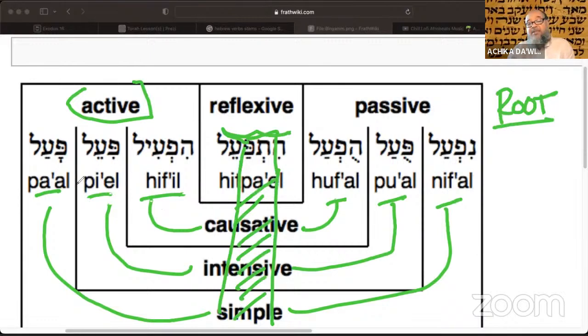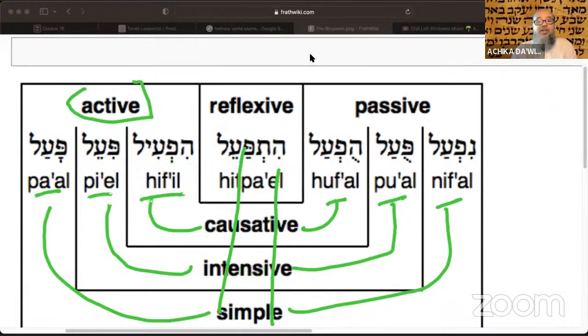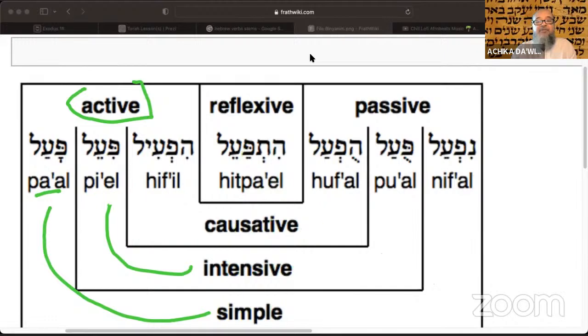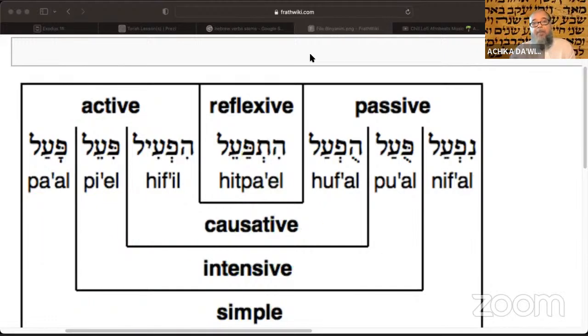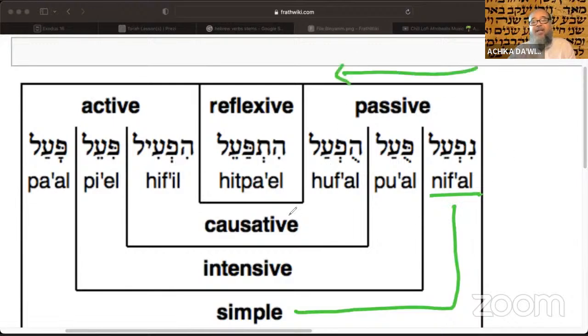The names that they're giving us here are Pa'al and Piel, Hifil, Hithpael, Hufal, Pual, and Nifal. Okay. So let's begin on this side over here on the simple action. I'm going to work this direction. I'm not going to go here and then here and then here.